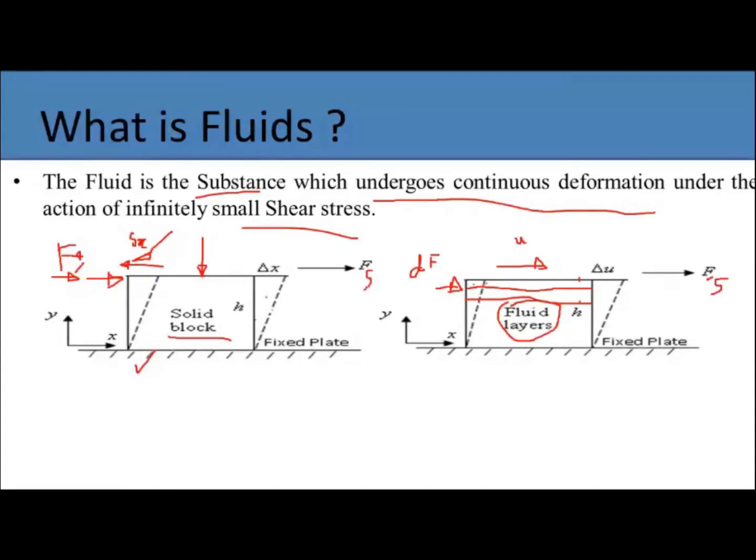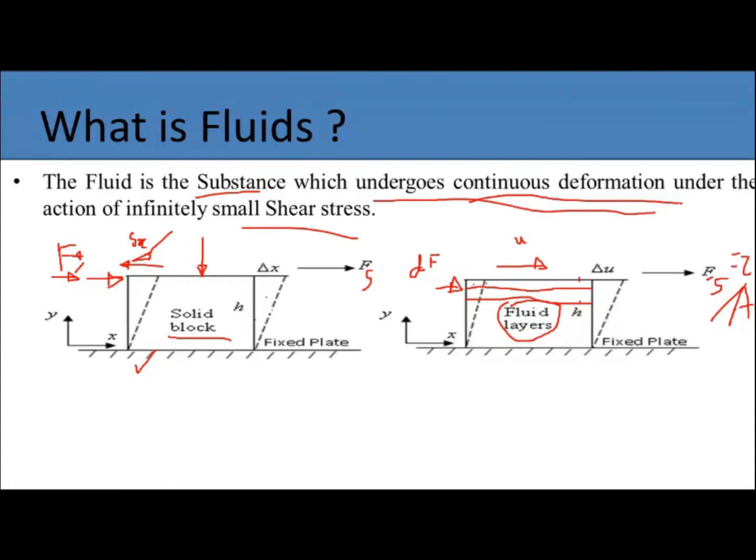The shear force divided by the surface area on which it is applied is nothing but shear stress. That means if you are applying shear stress on any substance, and that substance undergoes continuous deformation, that substance is called a fluid.